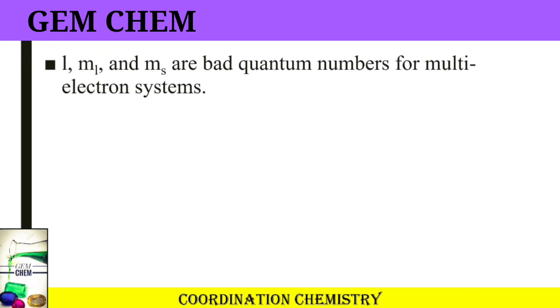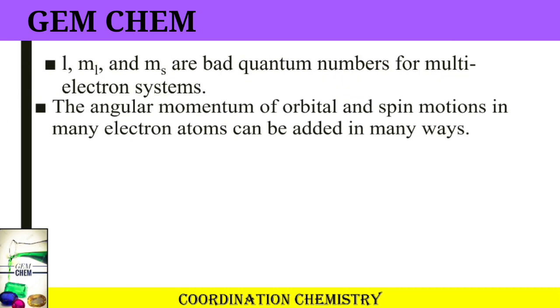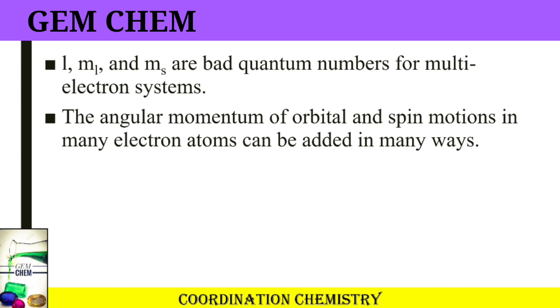As a result, we generally consider combinations of different types of quantum numbers, and that combination is generally focused on as interactions. The angular momentum of orbital and spin motions in many electron atoms can be added in many ways, and those ways we will see.